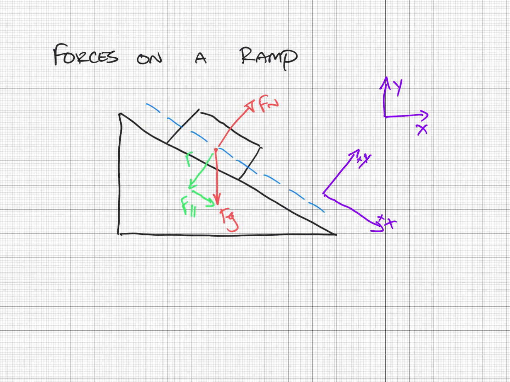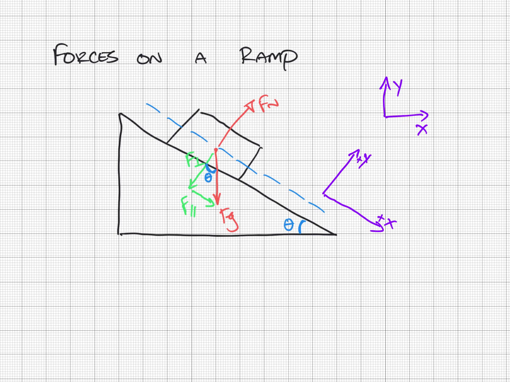Whereas this component we're going to call force perpendicular, because that is perpendicular to the surface of the ramp. And what's really nice about this is that whatever the angle of my ramp is, if we look at the geometry, that's going to be the same angle here. So I can break my gravity into its y component and its x component, which is just what we call the parallel component and the perpendicular component.